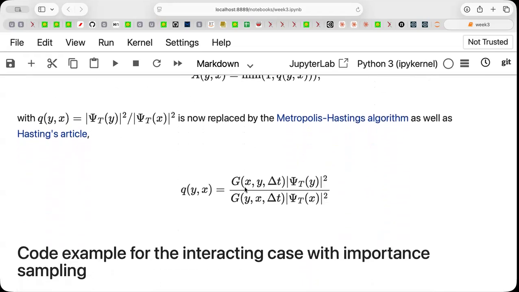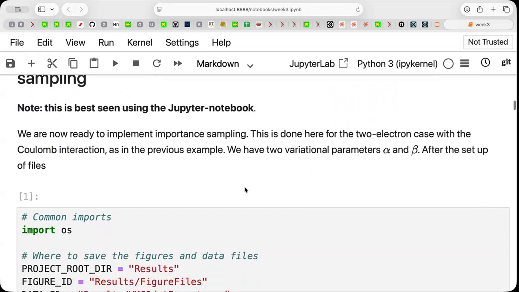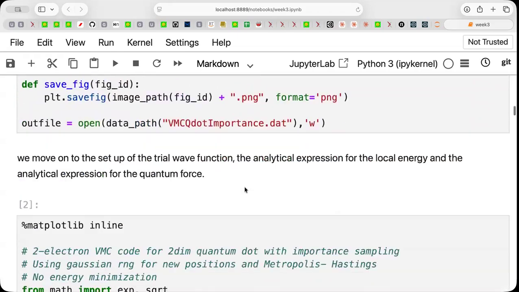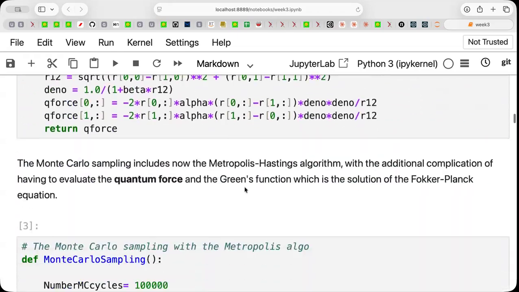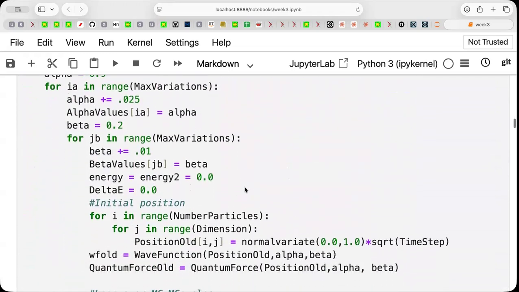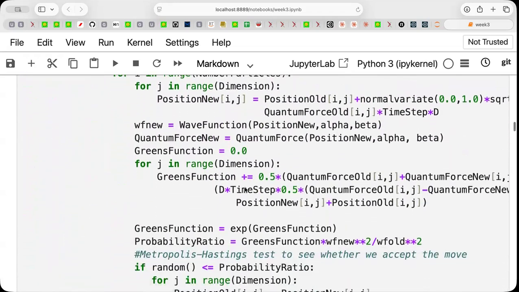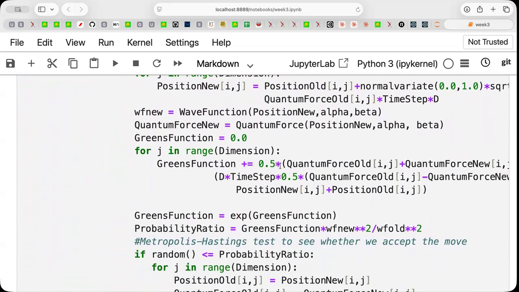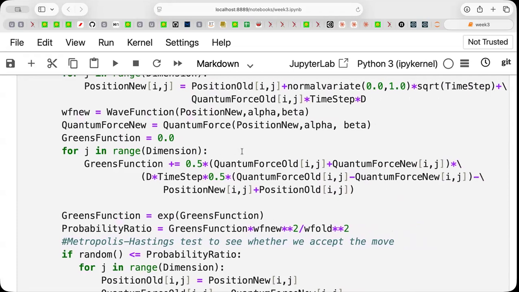That saves a lot of CPU cycles, because calculating exponentials is pretty fast, but it will slow down your code if you calculate them unnecessarily. So what I'm doing here, this Green's function, for the dimensions we're looking at, which is two dimensions, I am simply setting up the arguments, and you will see that I have i and j here, but I also need to interchange them, because I have the quantum force new and I also have the quantum force old.